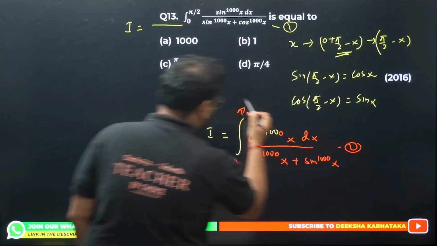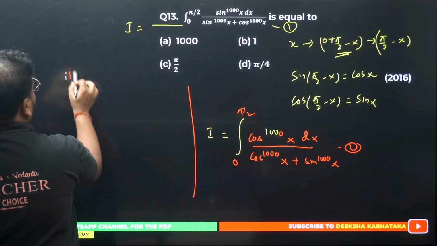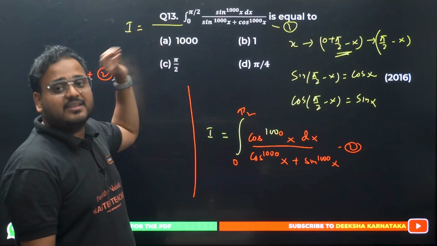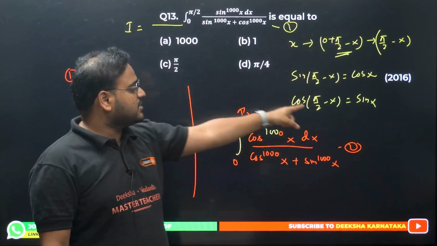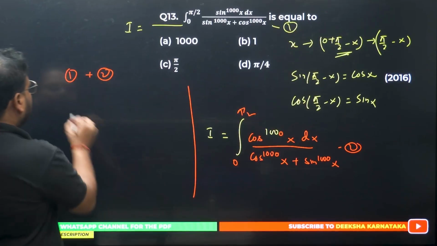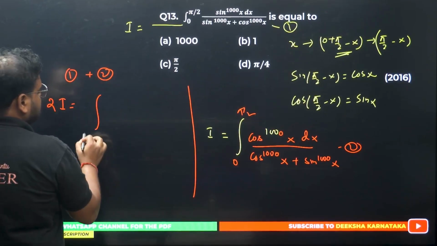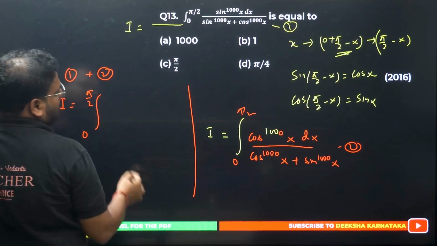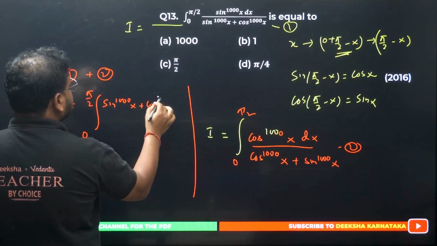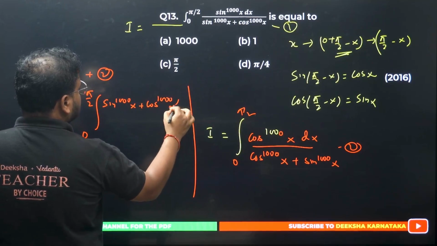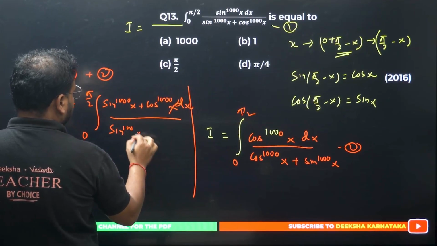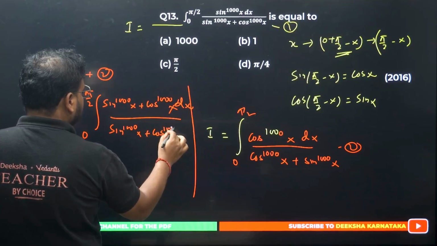Equation number 2. If you add 1 and 2, what are you going to get? On the LHS, 2I, and the RHS limit is the same, 0 to pi by 2. The numerator will be sine power 1000 x plus cos power 1000 x, divided by the same thing, sine power 1000 x plus cos power 1000 x.